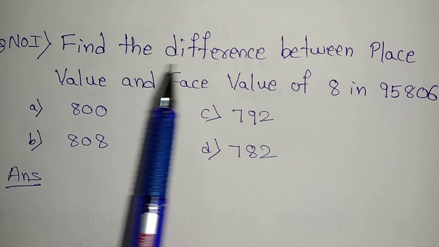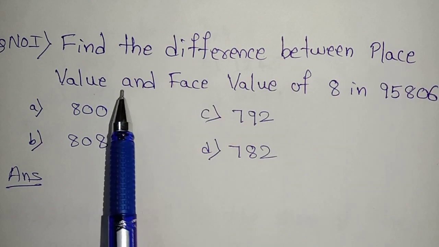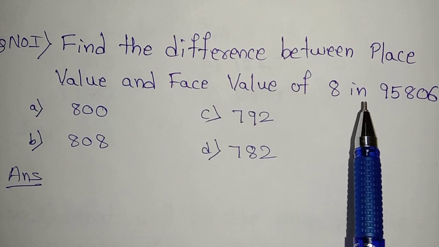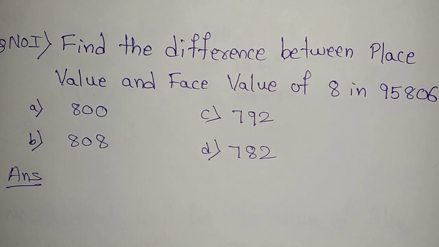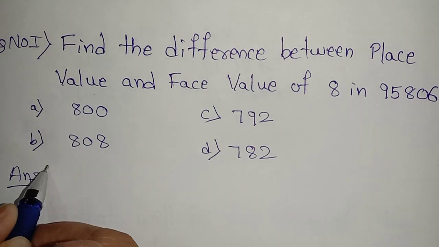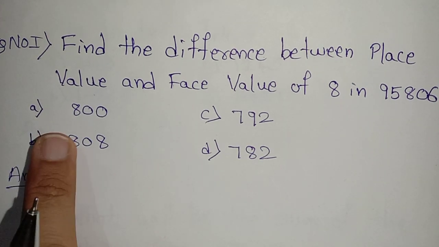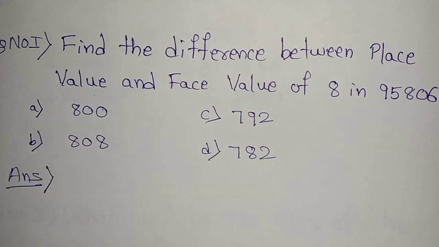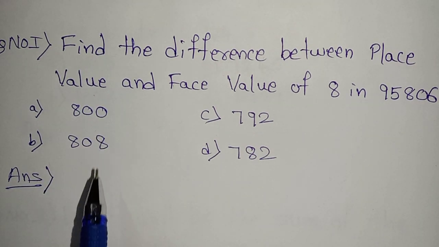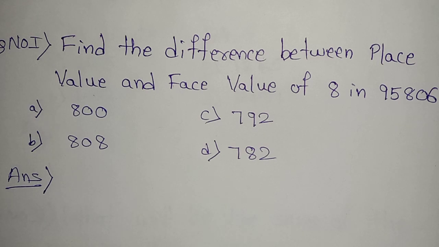They have given 4 options, and in Navodaya, you have to find which answer is correct. But in mathematics, don't write answers directly without solving the sum. Don't write answers directly, okay students.